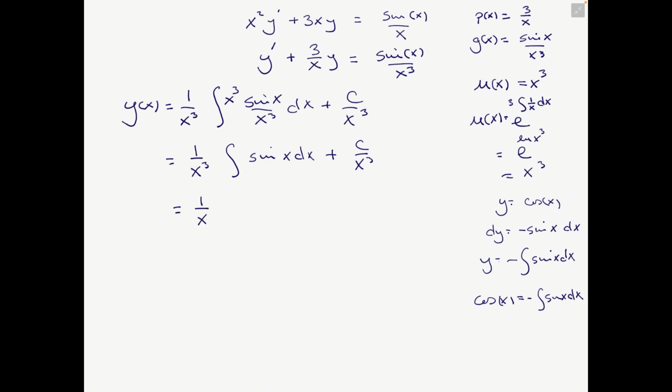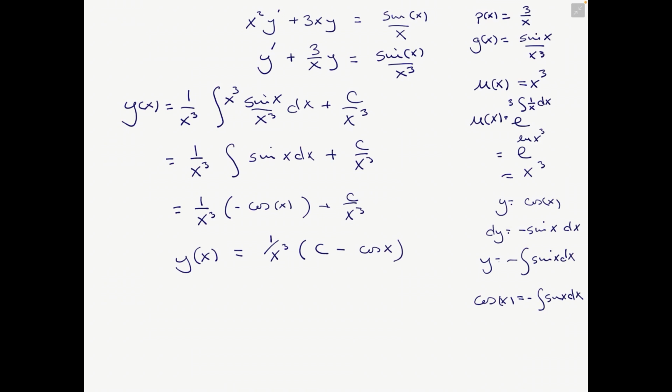So this is 1 on x to the third times minus cosine of x plus c on x to the third, so y of x equals 1 on x to the third times c minus cosine of x, and that's our general solution.